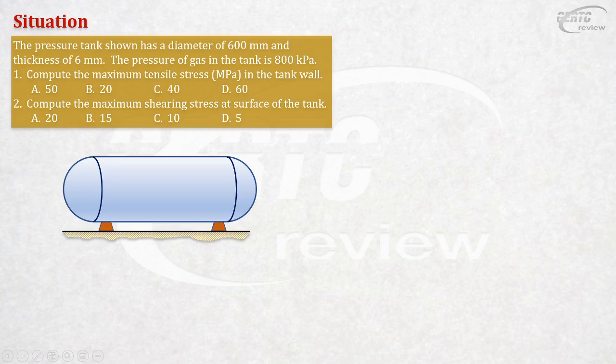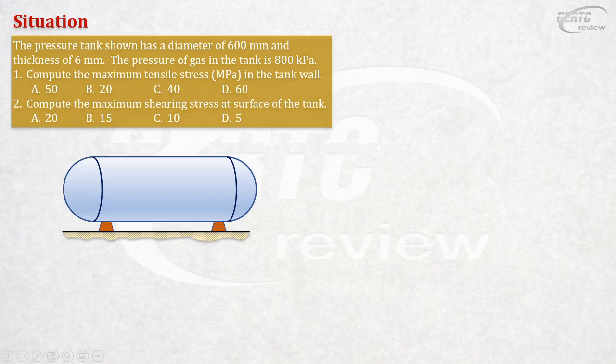This topic is thin-walled. The formula PD over 2T cannot be used if the thickness is malaki. Gaano kalaki? Is 1 mm thick or thin? I will ask you. Yung 1 mm thick ba yun or thin? Actually, it depends. 1 mm is thin if your diameter is, let's say, 3 meters. Correct?